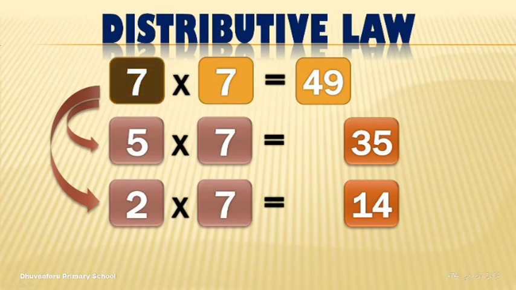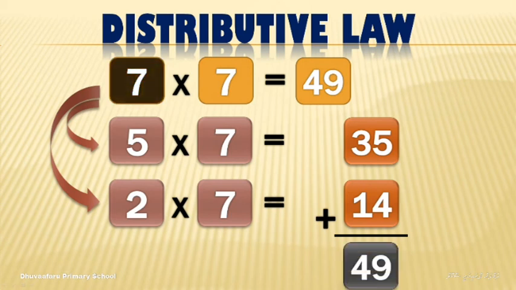We need to add the 35 and 14 together. 5 plus 4 is equal to 9 and 3 plus 1 is equal to 4. Yes, 49. This is the product. So 7 times 7 is equal to 49.